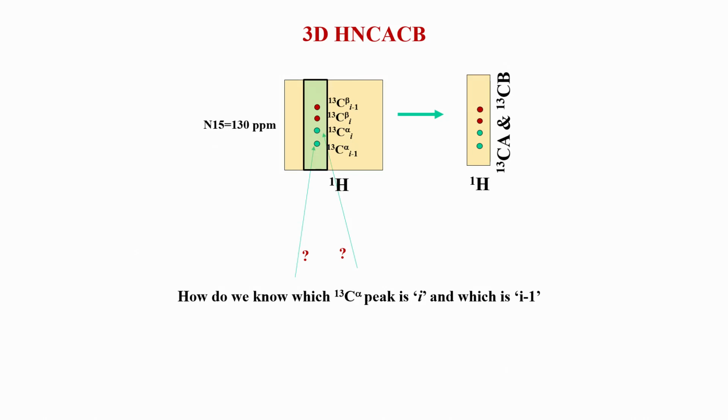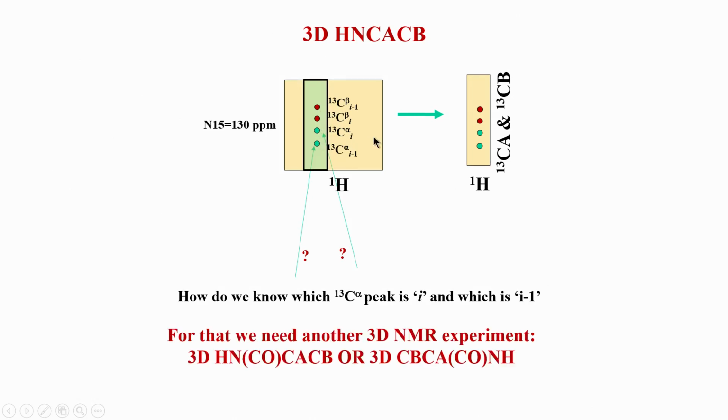We had the same problem that we could not distinguish those two. So what did we do in such cases? We took another experiment. Similarly here we now need another 3D experiment. Either you look at this or this, both have the same information. Now I will show you this 3D HNCO CACB, which gives me complementary information compared to what you get from HNCACB.